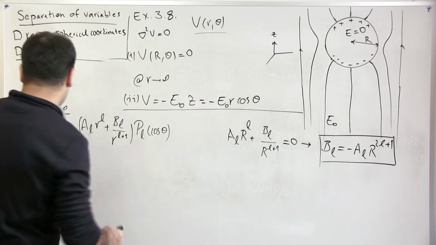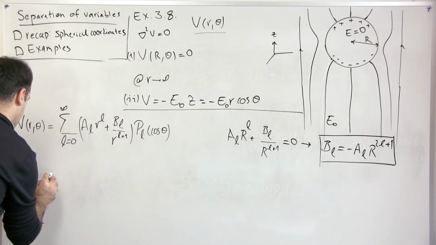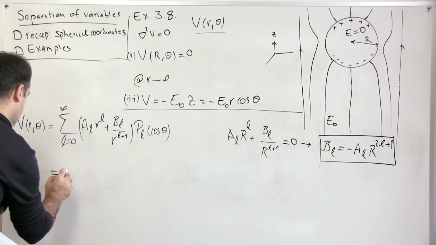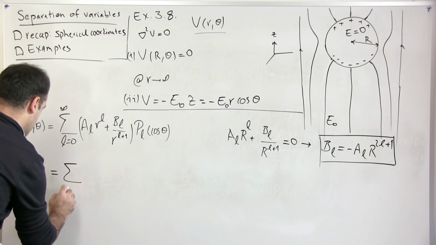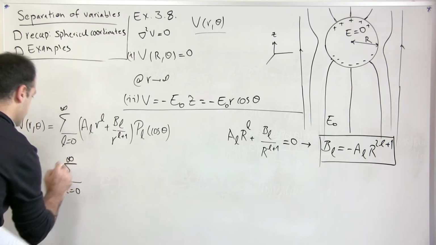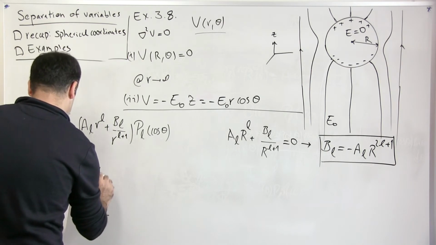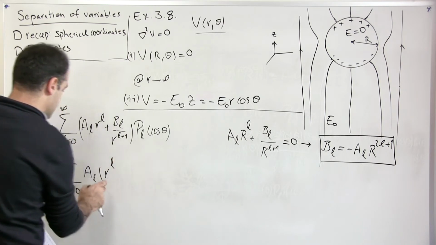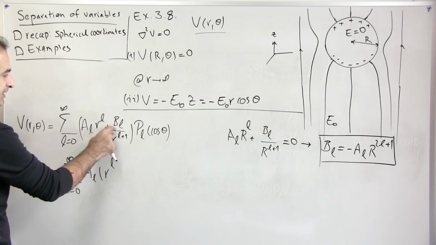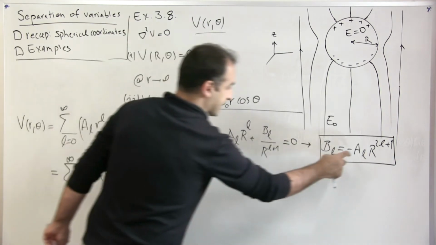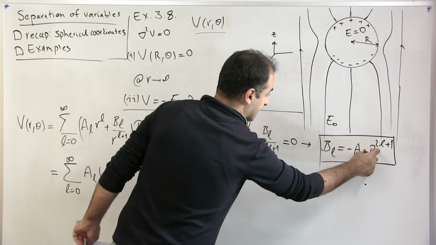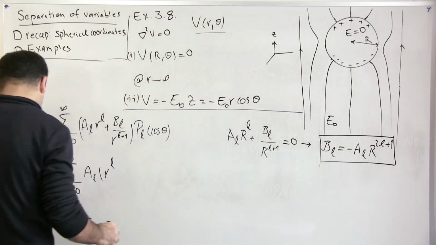And that means this simplifies to the form of the sum over L from 0 to infinity of AL R to the power of L. So this is the first term. For the second term, I'm writing BL in terms of AL and R to the power of 2L plus 1.